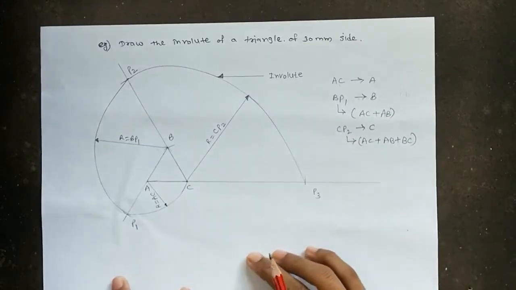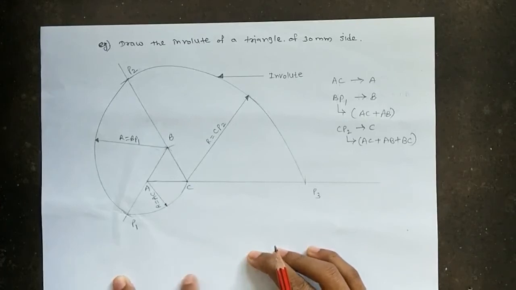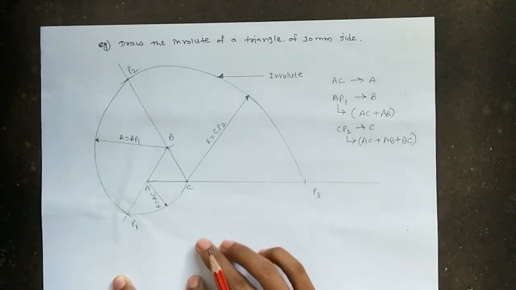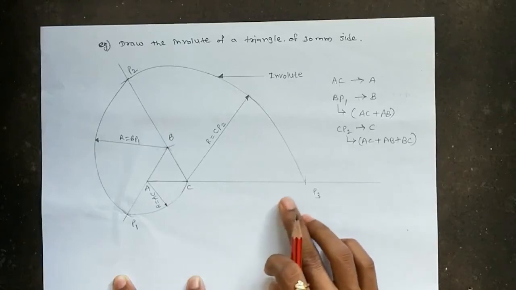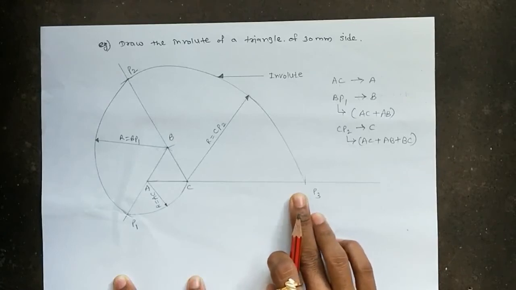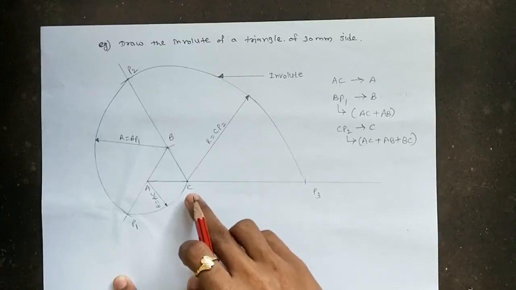Now we will see what is involute. So involute is a curve traced out by end of a piece of thread unwound or wound on a circle or a polygon, and keeping the thread always tight.